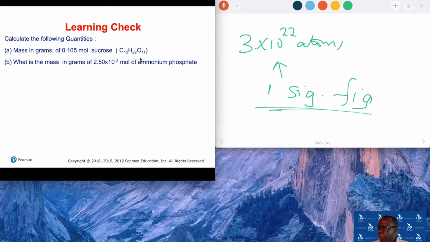But if you are not given the molar mass, if it was a face-to-face lecture, you are given the periodic table, and this is the problem presented. How will you navigate that? The hint here is you need to find the molar mass of sucrose.